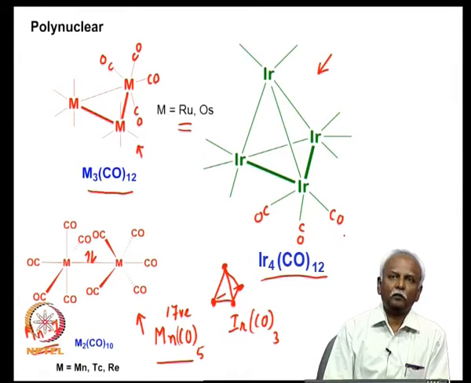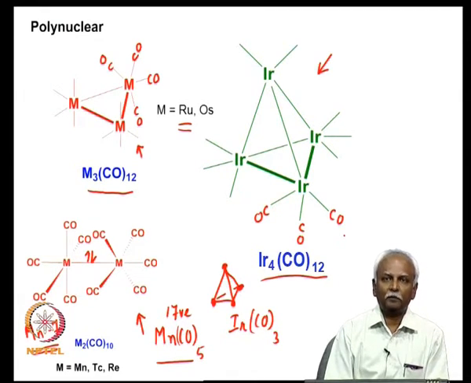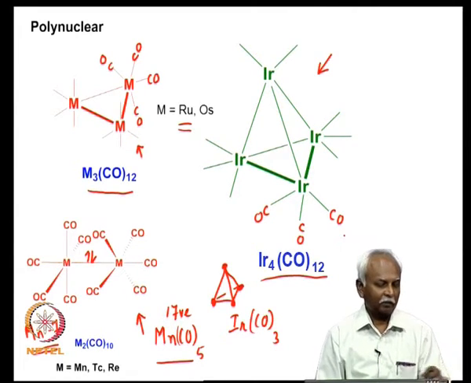So, the formation of a polynuclear species with a metal-metal bond is primarily determined by the electron count. This again brings us back to what we discussed earlier, and that is the fact that these metal complexes are significantly driven by the tendency to form 18 electron species. A total valence electron count has to be 18.